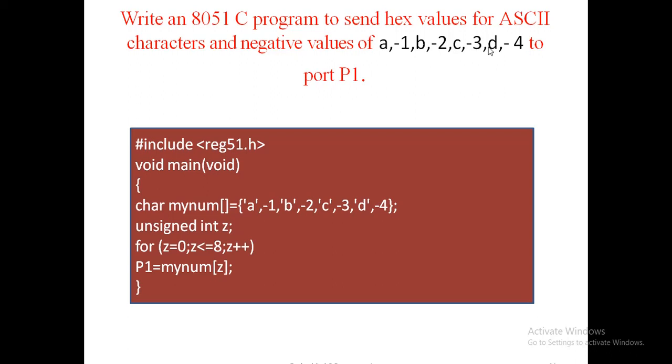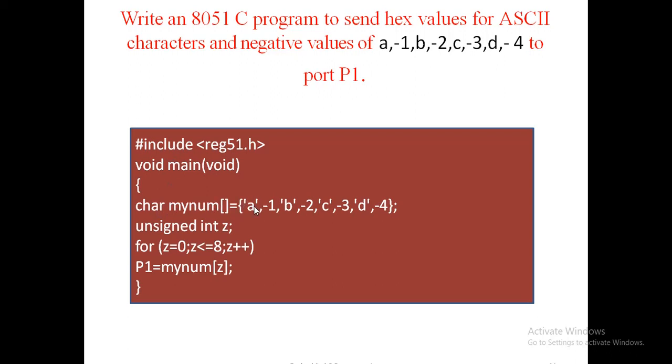C -3, D -4. Suppose in this program I use only char. Okay, if you are using signed char, it will assume it as signed char. Suppose you are not using signed also, it will consider it as signed char only. Okay, same here.